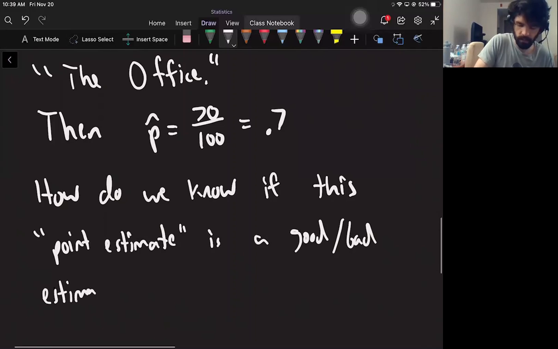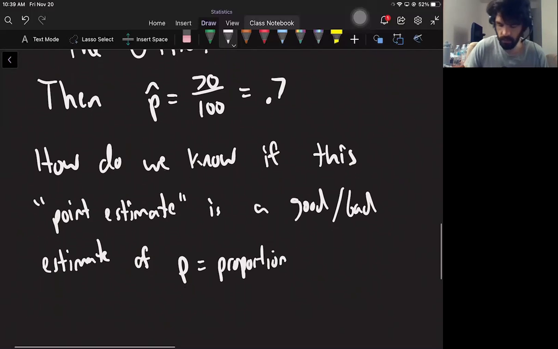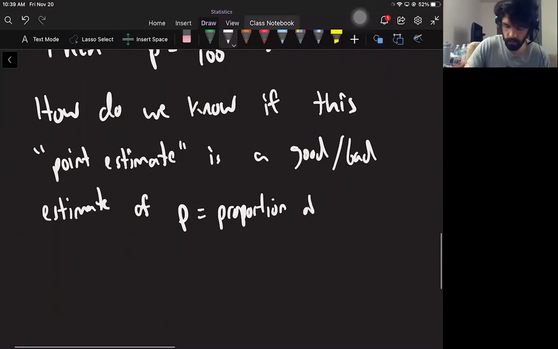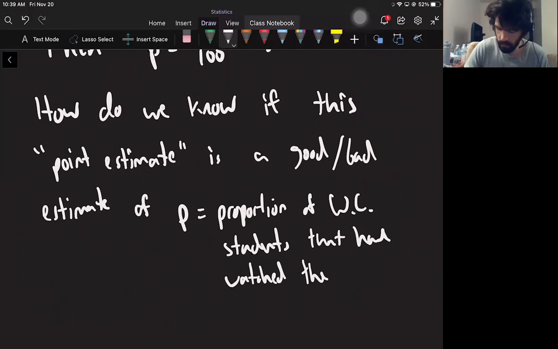How close is it to the actual proportion of the population, which in this case would be Whittier College students that have watched The Office? So that's what we want to talk about today. Try to answer this type of thing.